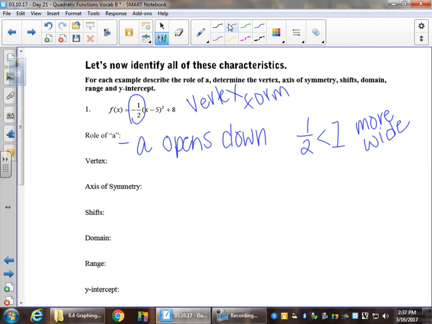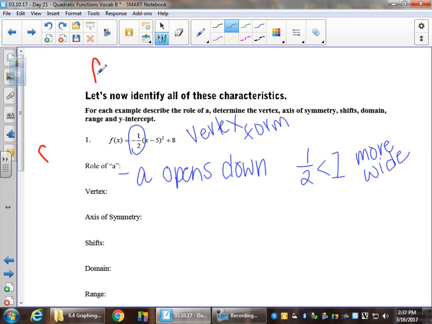In order to find the vertex given a function in vertex form, our general formula for a function in vertex form is f of x equals a times x minus h squared plus k.